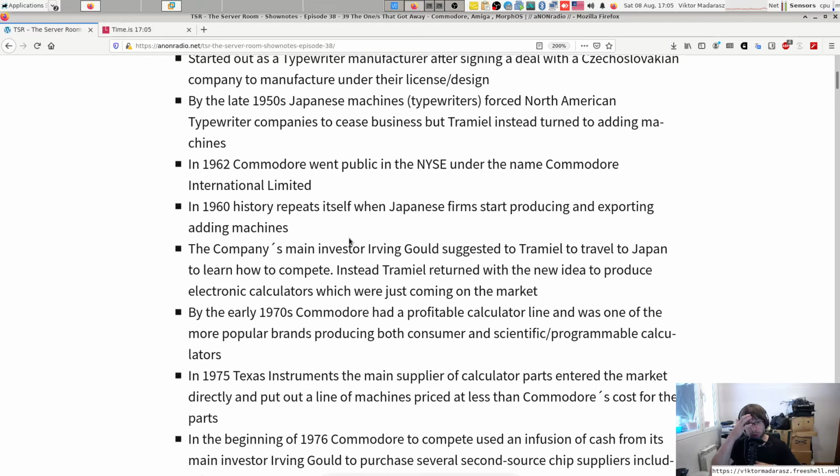The company's main investor, Irving Gold, suggested to Tramiel to travel to Japan to learn how to compete with the Japanese firms. Instead, Tramiel returned with the new idea to produce electronic calculators, which were just coming out onto the market.